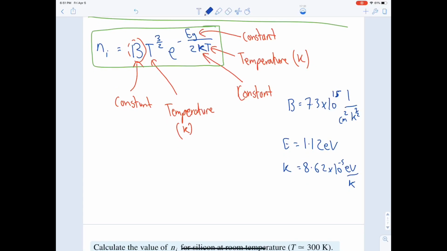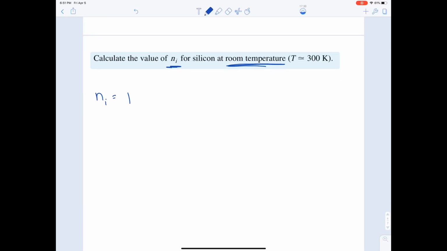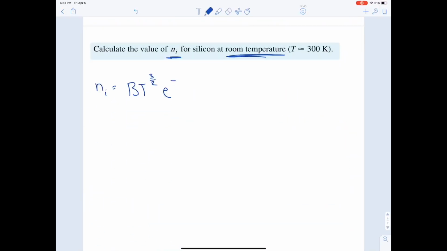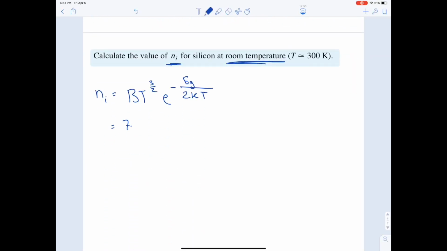It's B T to the power of 3 over 2 exponential minus Eg over 2kT. So it's B T power of 3 over 2 exponential minus Eg over 2kT. Now what's B? We said B is 7.3 times 10 power of 15. Temperature is 300. Power is 3 over 2 exponential Eg.